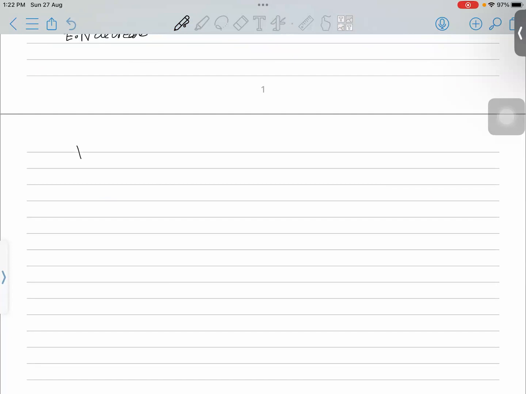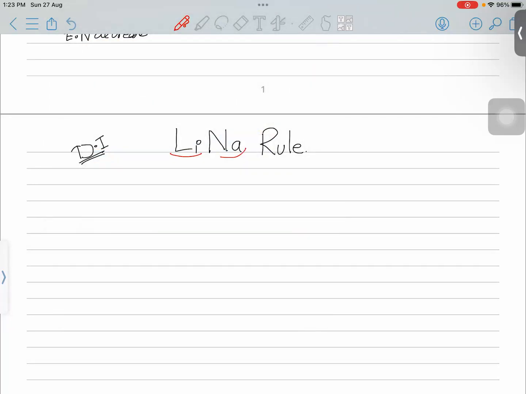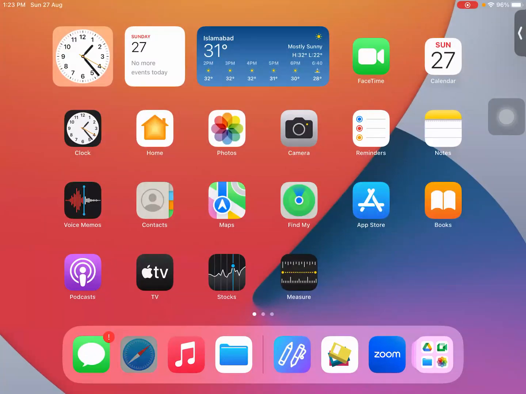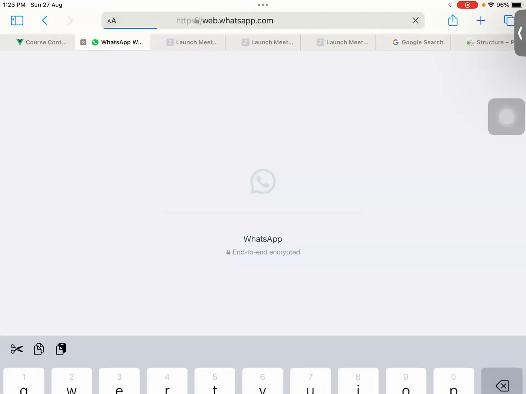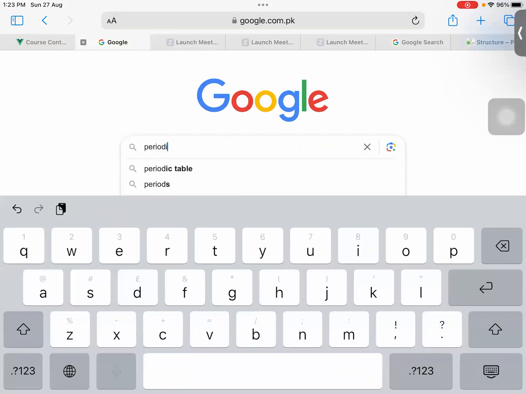Now another DI, Lena rule. This is my rule, right? Lena is my student, and Lena is derived from two words, lithium and sodium. Now I am drawing the periodic table.